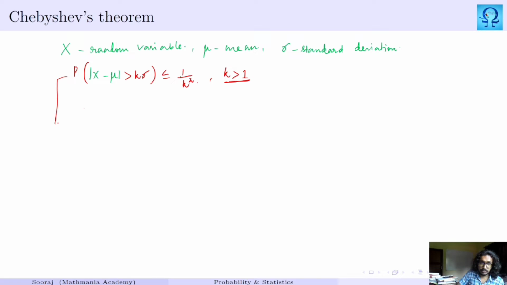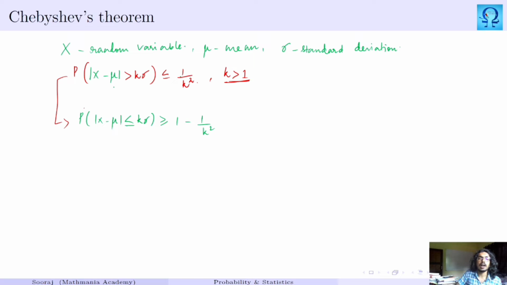The consequence of this is: the probability of |x minus mu| less than k sigma is greater than or equal to 1 minus 1 upon k square. So if you see, the first is covering some quantity and its probability is smaller than or equal to 1 upon k square.